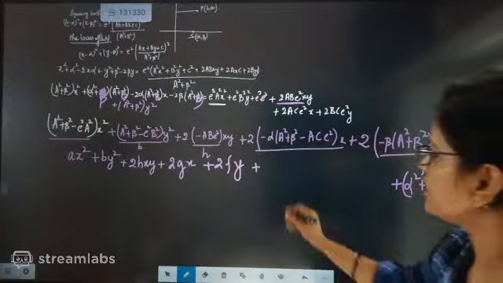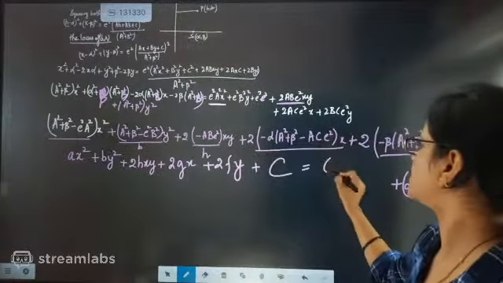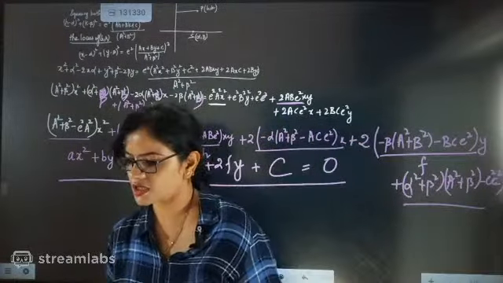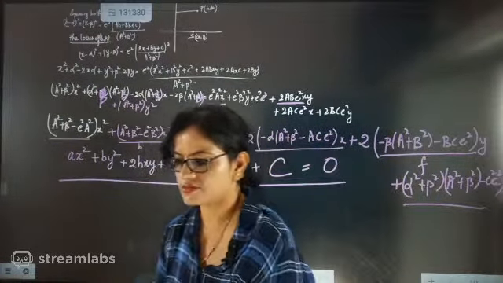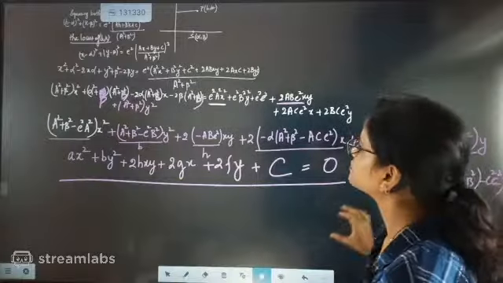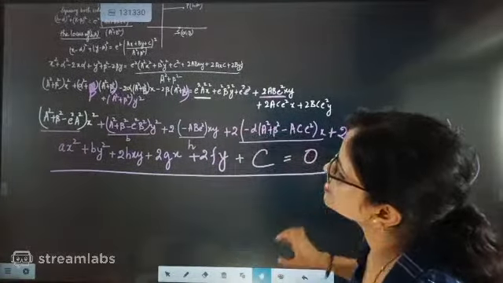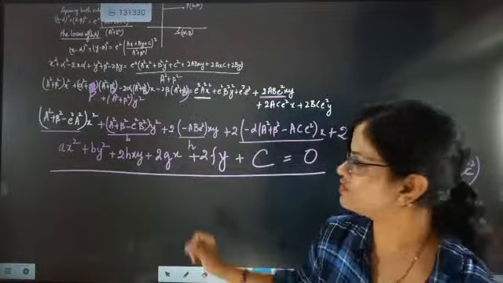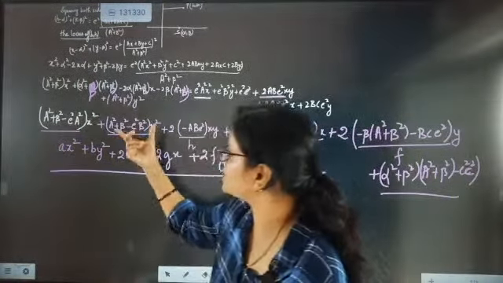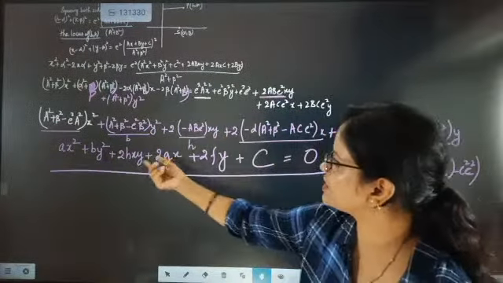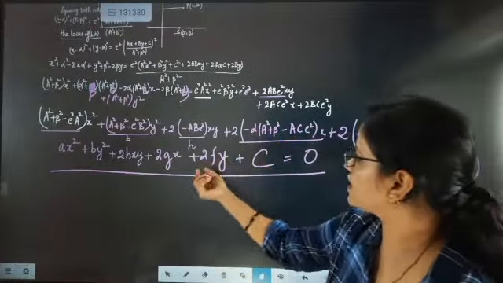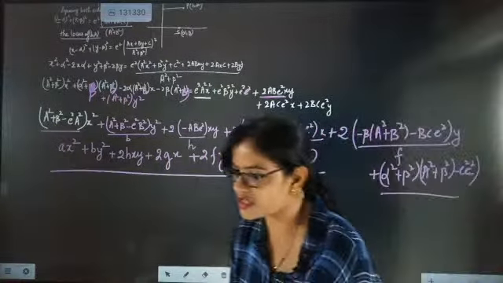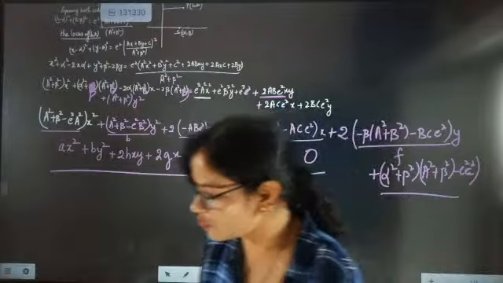This part will be coming as constant c equal to, this part will become the equation of conics. So whatever coefficients are coming, we just converted those coefficients as, this part is taken as a, this part is taken as b, this part is taken as h, this part is taken as g, this part is taken as f, and this part, constant part, is taken as c. So this will become the equation of conics.